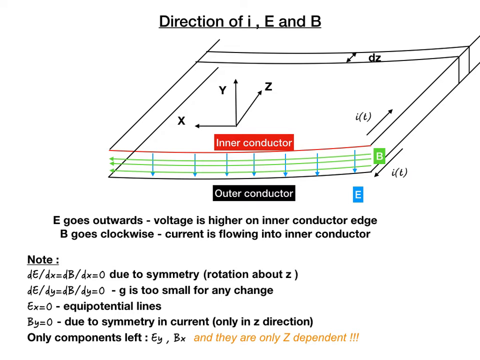And by using the symmetry of the current, which is along the z direction, the y component, which is the radial component of the magnetic field, is also 0. So we're actually left with very few terms in the Maxwell equation. The only components of the field which are non-zero are the y component of the electric field and the x component of the magnetic field.